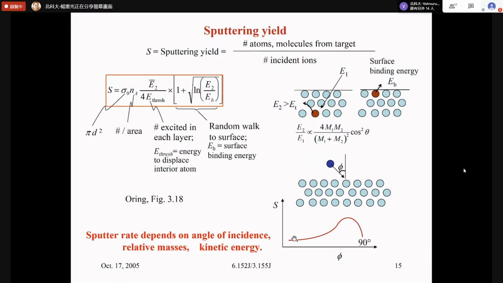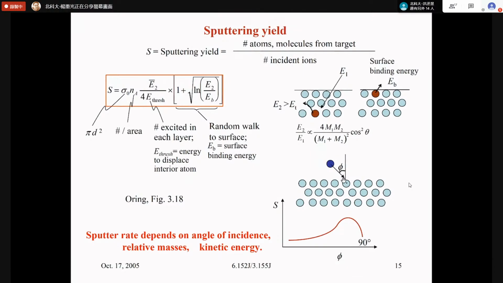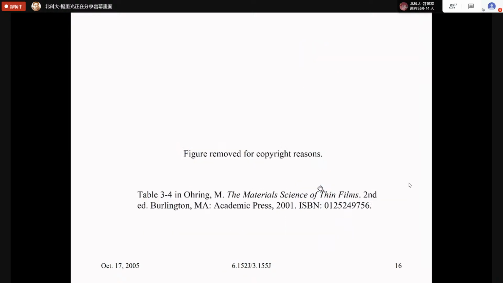You see that near 90 degrees, you have almost the highest sputtering rate. Okay, so this is 0 and it becomes higher. I think this is quite good information for you.